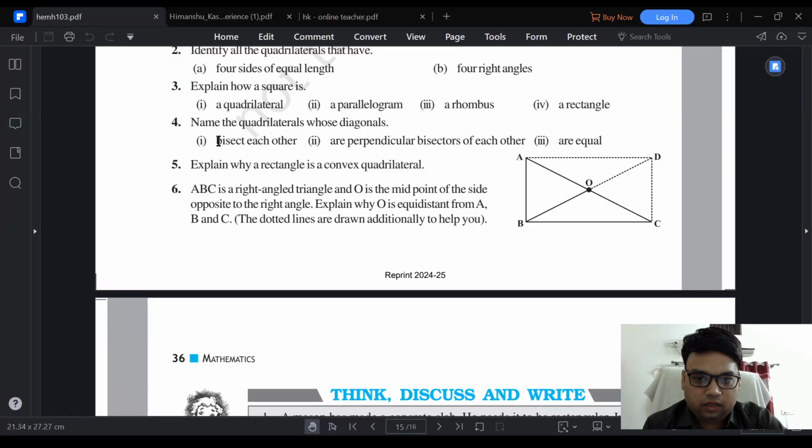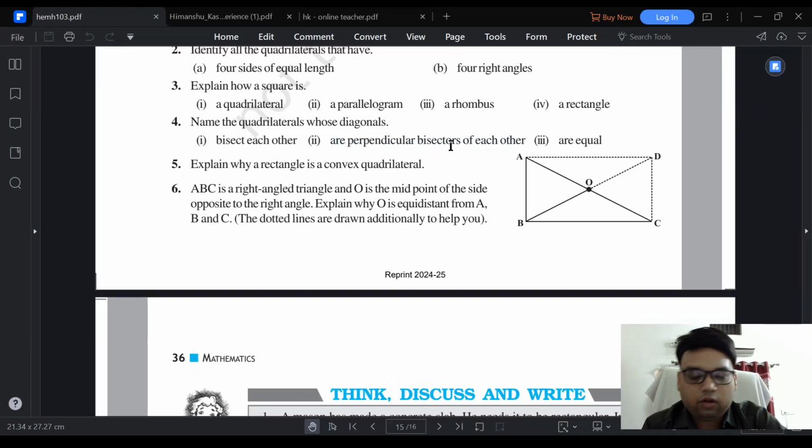Basically they are trying to ask which bisector divides the figure equally into two parts. Now here rhombus, square, rectangle, parallelogram all come. Which one has perpendicular bisectors of each other?